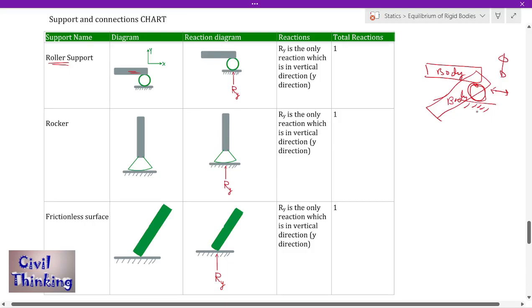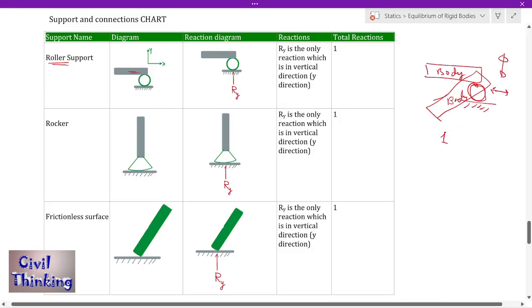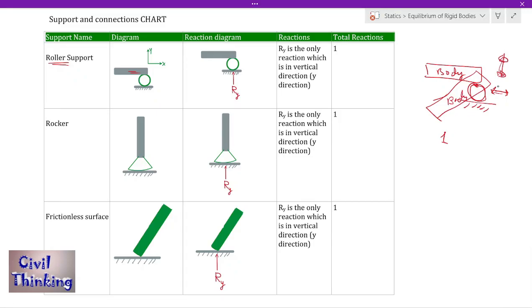You cannot, because there is a surface, you cannot move it down. So one motion is restrained. How many motions are prevented? One. Because you can move it left and right, you can also rotate it, you only cannot move it up or down, so the number of reactions is 1.